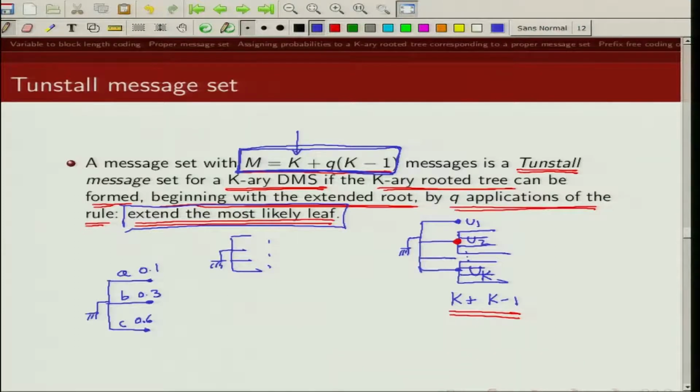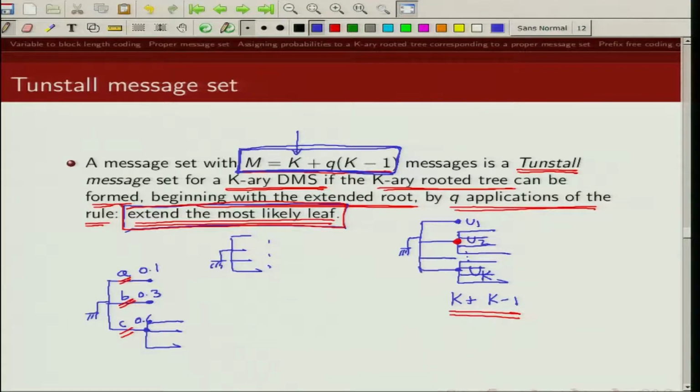Let's say I want to extend a leaf. Now which one should I extend? Should I extend A, should I extend B, or should I extend C? According to this rule, I should extend the most likely leaf. Now which is the most likely leaf? That's C, because the probability of this vertex is 0.6. So I am going to extend this particular leaf.